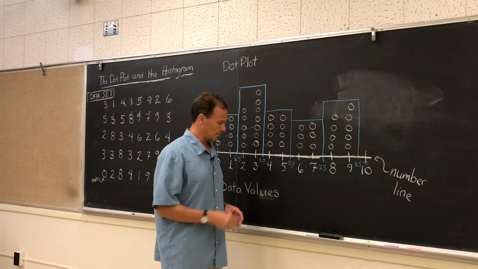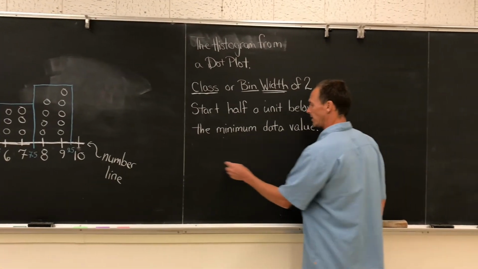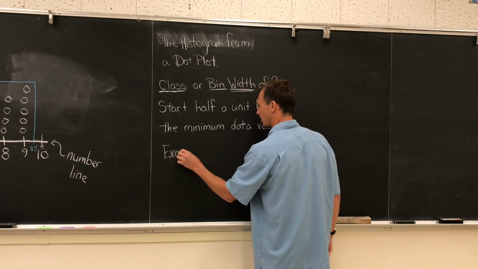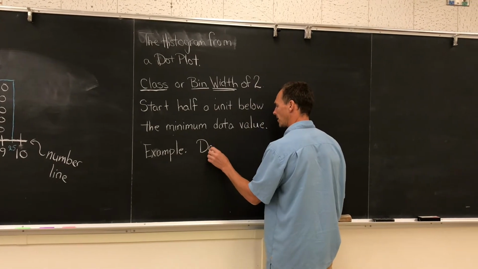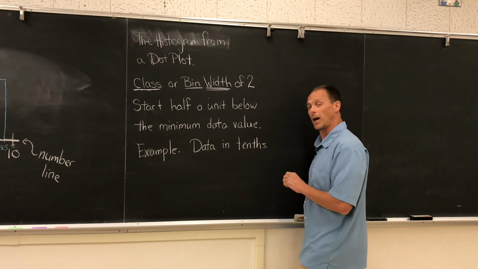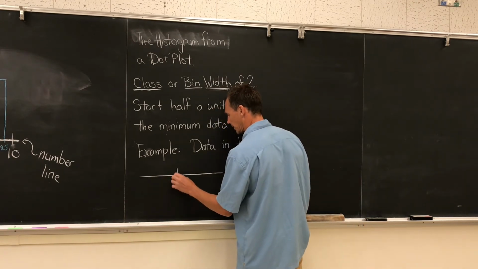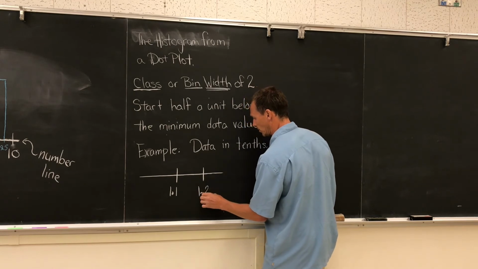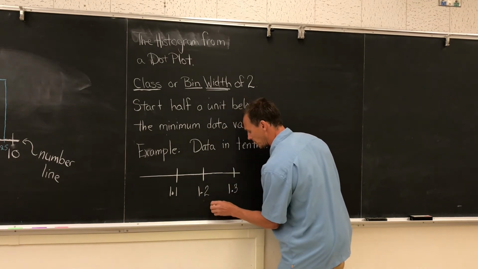Now, I want to show you one little piece that can sometimes be difficult. Suppose, for example, our data values are in tenths. If I had a number line, and my minimum is right here, say it's 1.2, with 1.1 and so on.